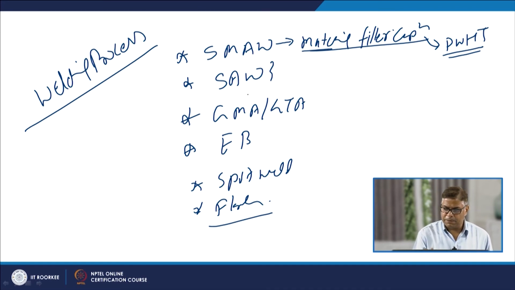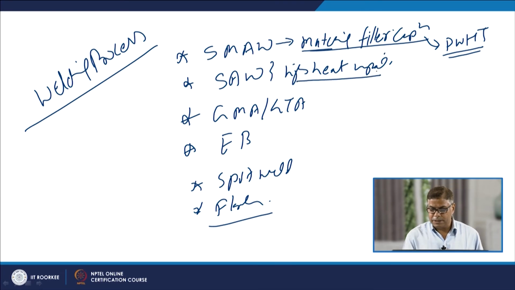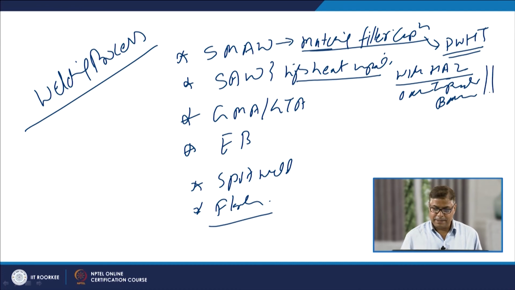Submerged arc welding is known to be a high heat input process. This causes greater problems associated with a wider heat affected zone, as well as possible over tempering of the base metal which is being heated due to the high heat input.